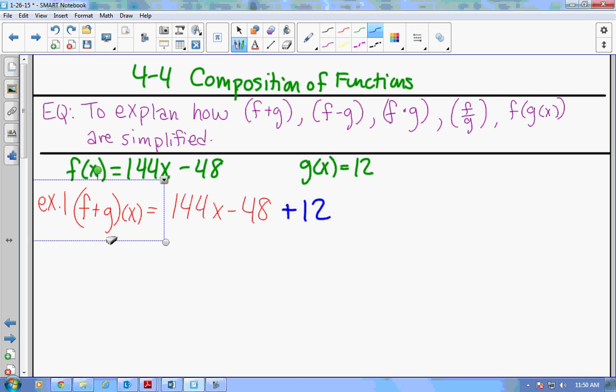So I notice here we have two like terms. These are both in the integer family. This guy is in the x family. He doesn't have any like terms. So f plus g of x equals 144x. What do we get here? Negative 48 plus 12.